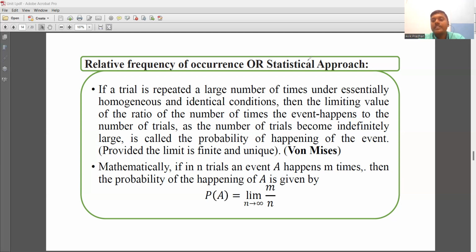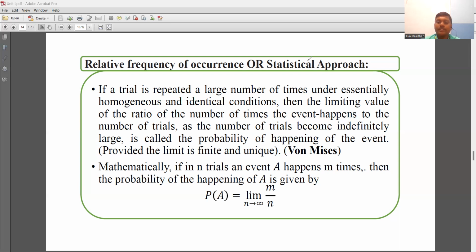So mathematically, we can think as if I have n number of trials of the experiment, and in those n number of trials, m number of trials show in favor of the event, then the probability of happening of that particular event will be equal to limit n tends to infinity of m by n.